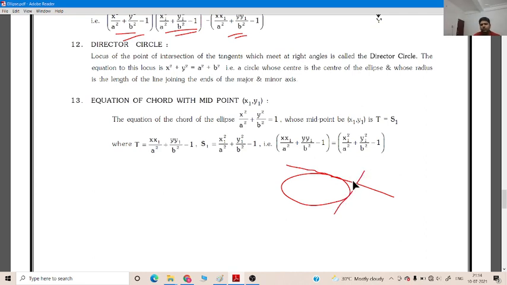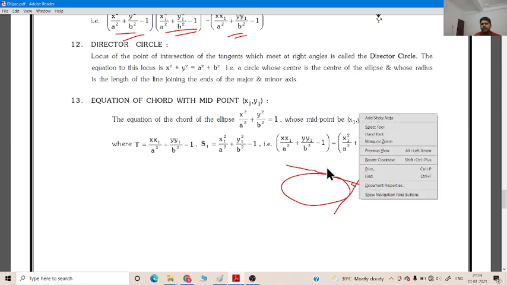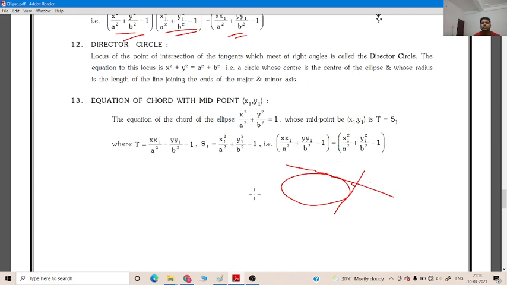If these two tangents make 90 degrees, the points where they meet form a figure. This figure is a circle. This circle is known as what, director circle.